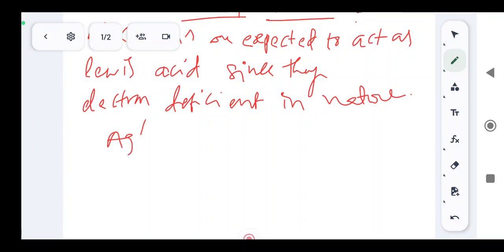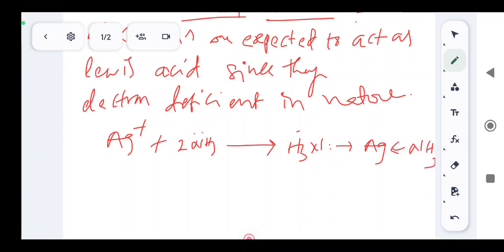Ag plus, a simple cation, plus 2NH3 gives rise to H3N, that pair of electrons donated to Ag, and one more NH3 pair of electrons donated to Ag. So here there is a positive charge.